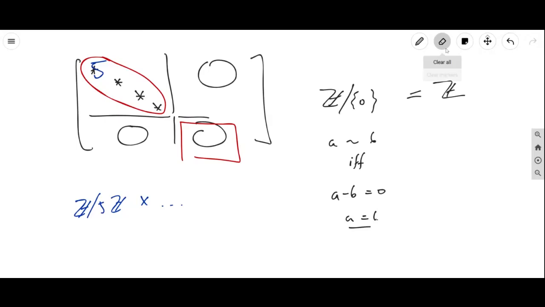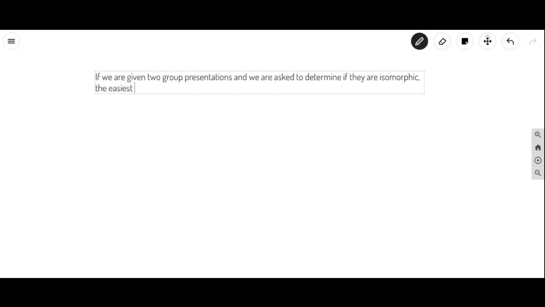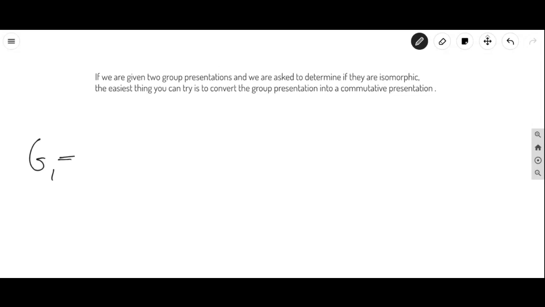And the reason why I mention this is that if we are given two group presentations and we are asked to determine if they are isomorphic, the easiest thing you can try is to convert the group presentation into a commutative presentation. So for example, let's say I give you this group.